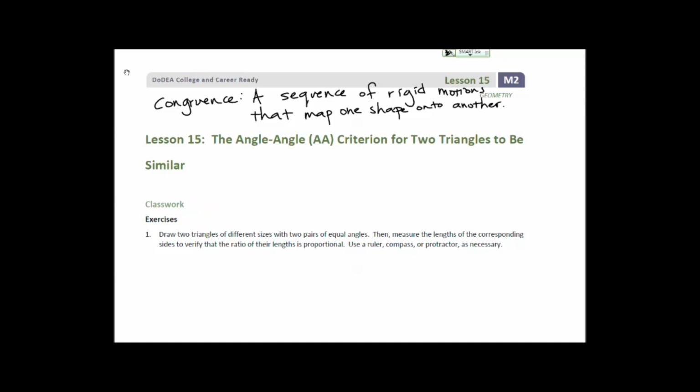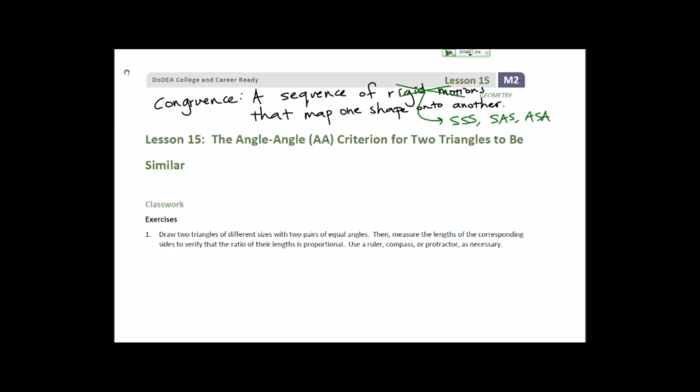We defined congruence to be a sequence of rigid motions that map one shape onto another. Eventually, for triangles, we took a shortcut, and instead of showing a sequence of rigid motions, we talked about the side-side-side, side-angle-side, and angle-side-angle criteria for triangles to be congruent.